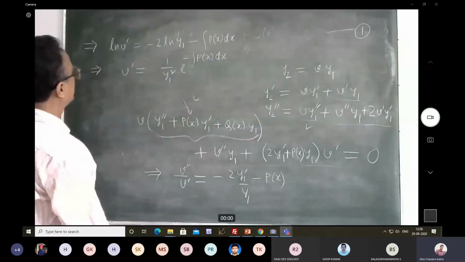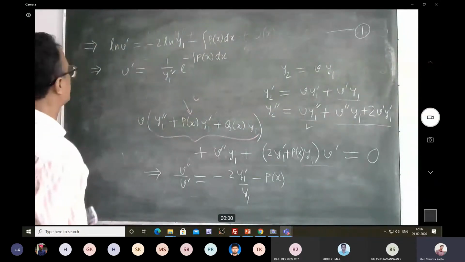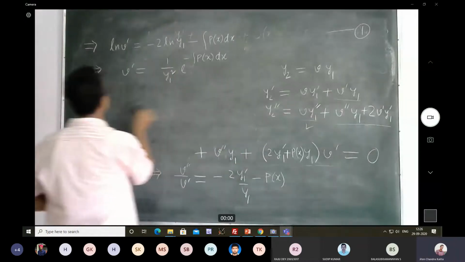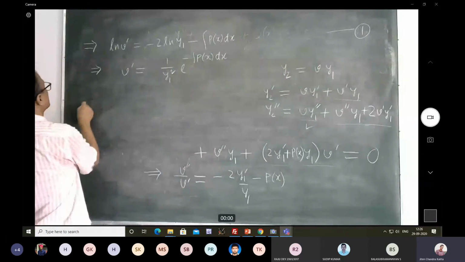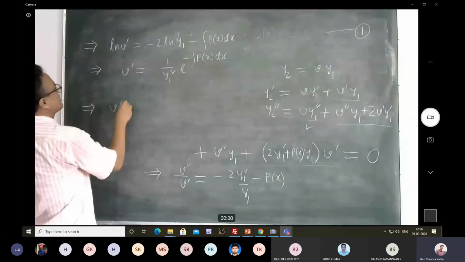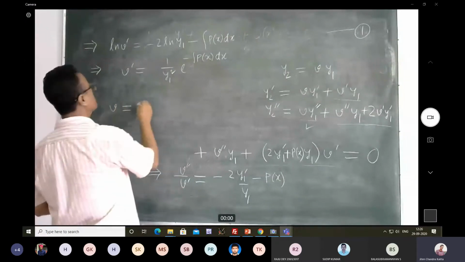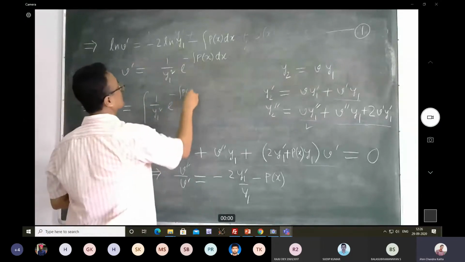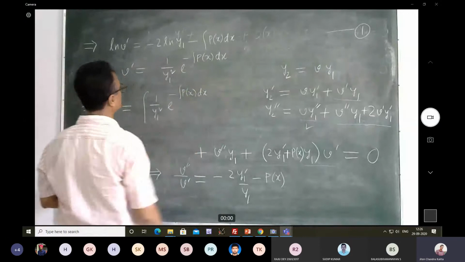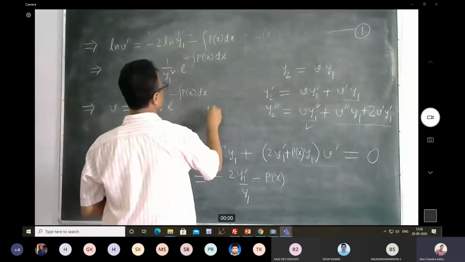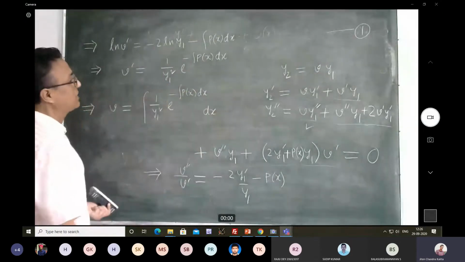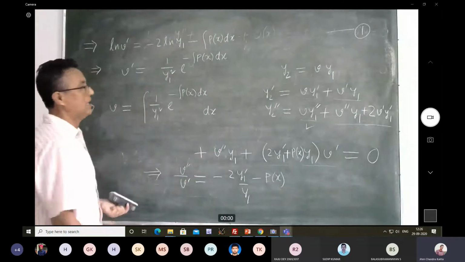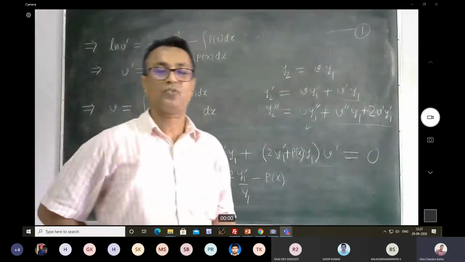Is it okay? Fine. And from here I can get v equal to the integral of this, square, dx. Okay, so simply plugging y2 equal to v y1, you get a fundamental set of solutions.